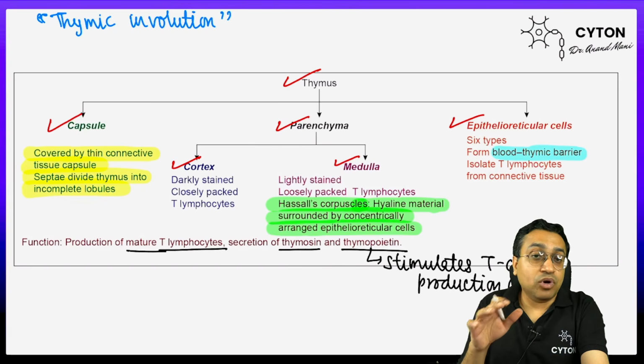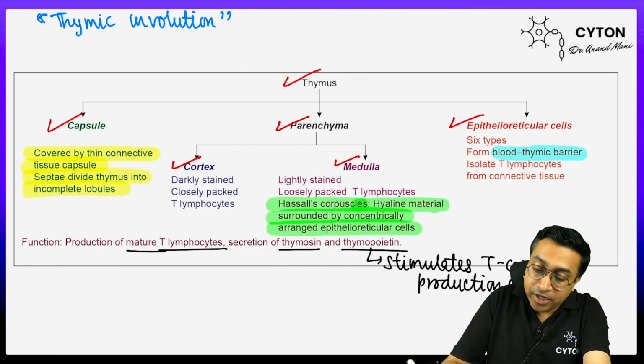So what will be the components of this blood thymic barrier? Let me mark here.